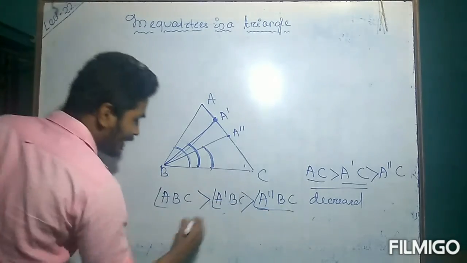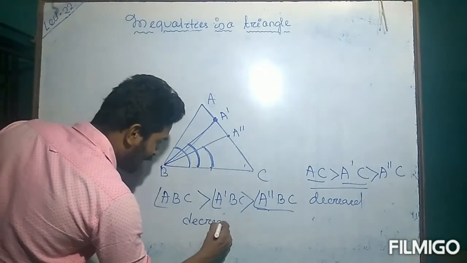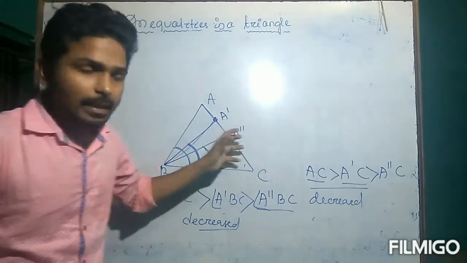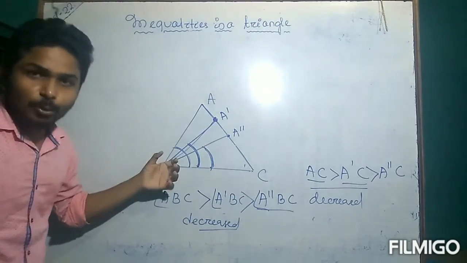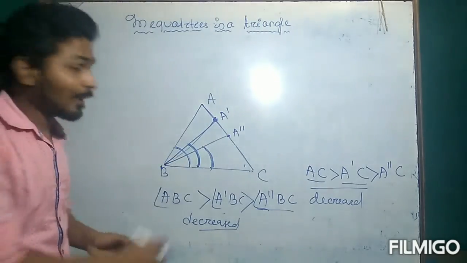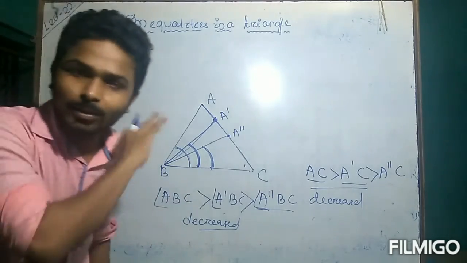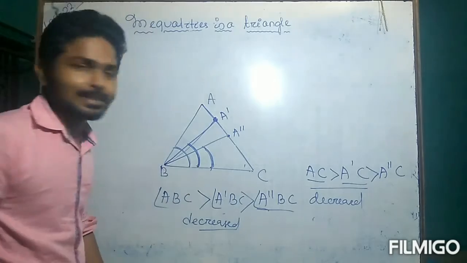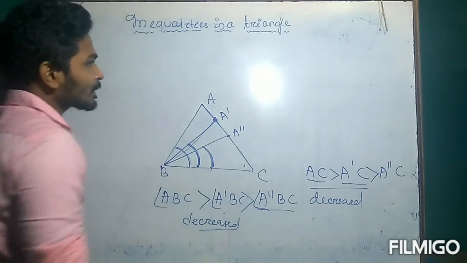So what have I found? I have found if I decrease the length of any side of a triangle, then the value of the opposite angle of that triangle also decreases. This is the final conclusion that we have got from this example. Okay, so we can write it.